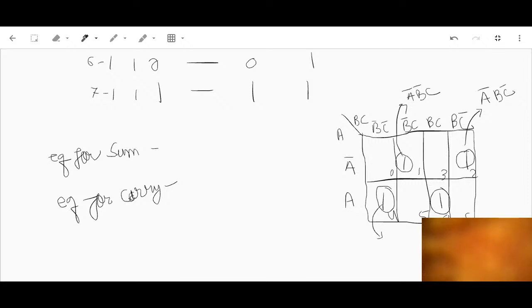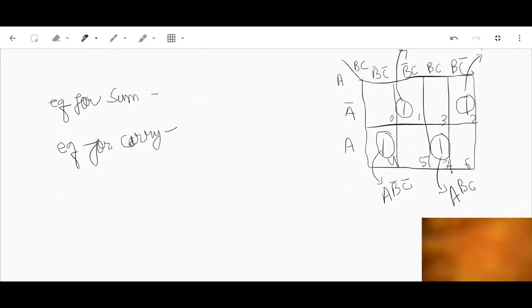This one will be like A, B bar, C bar, and this one will be A, B, and C.